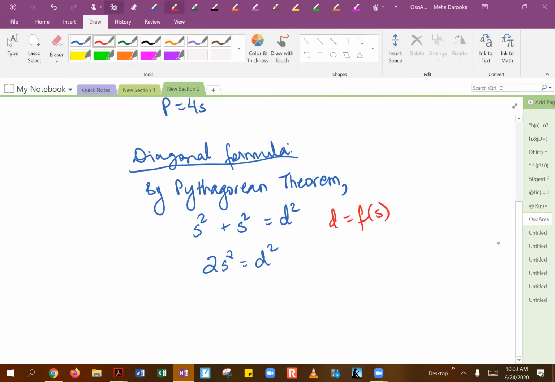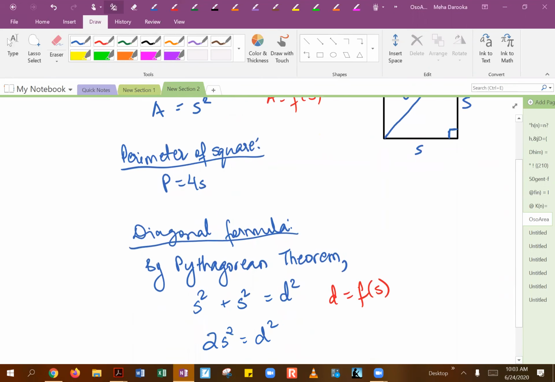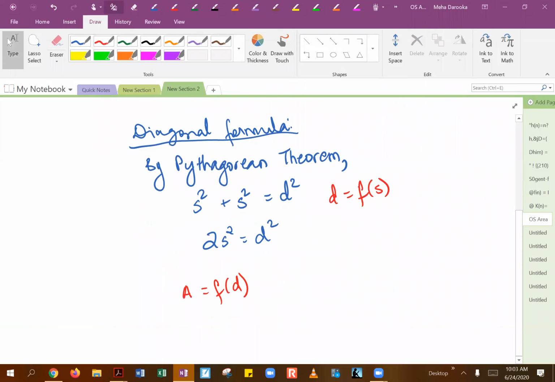What they're asking us is to write the area as a function of the diagonal instead of the side. So how can we go about it, where we know the area is A equals S squared, and rewrite it so that you have A equals something in terms of D? This is what we have right now for our diagonal formula.